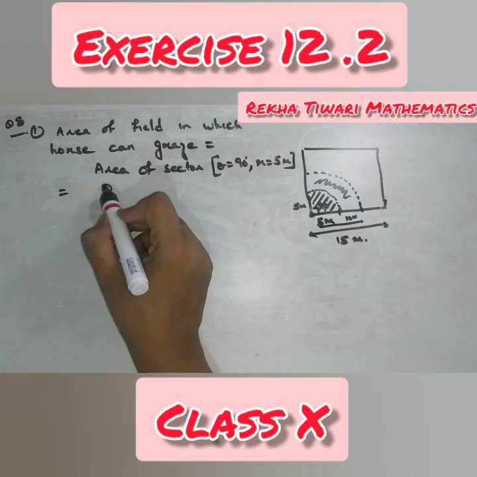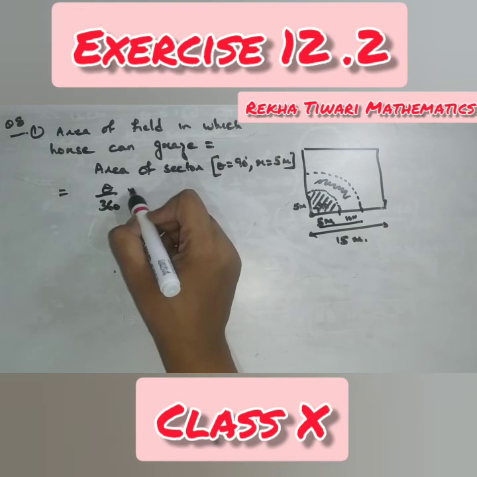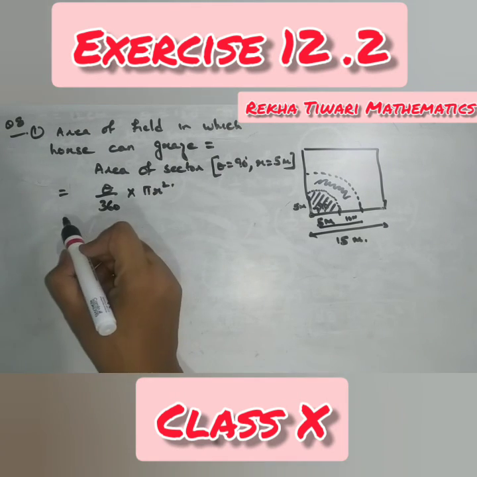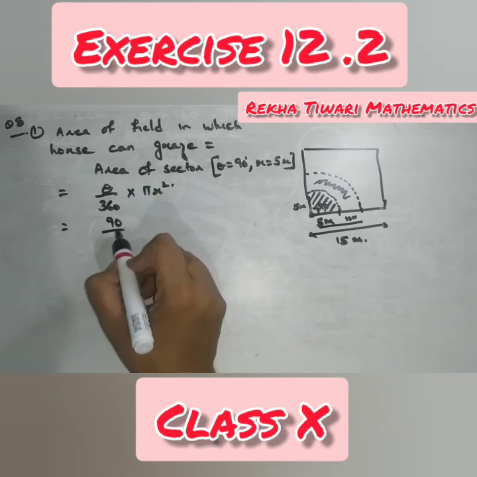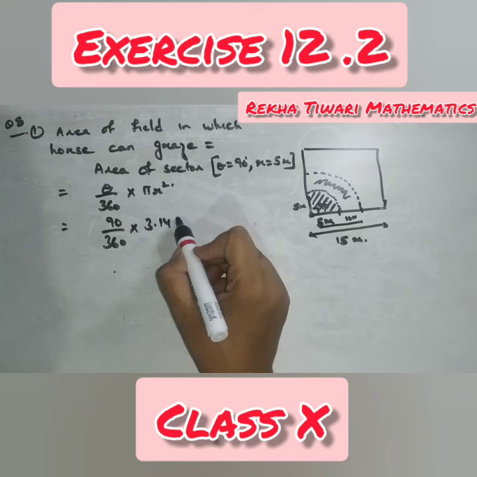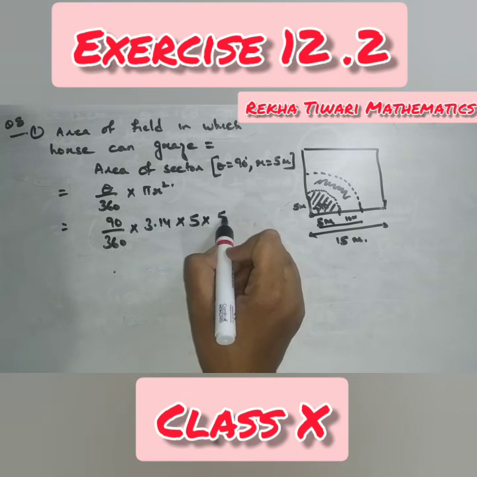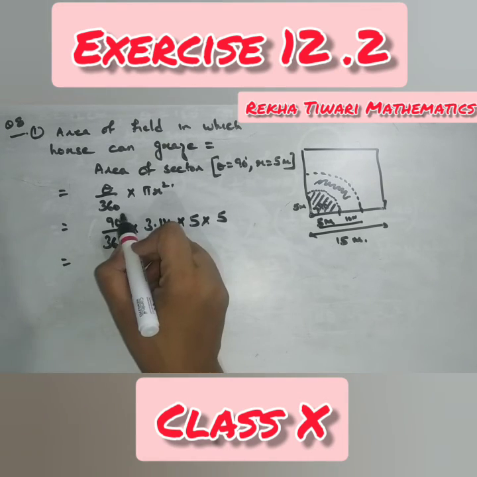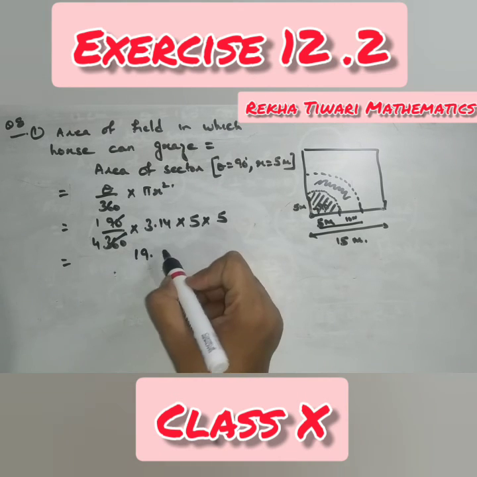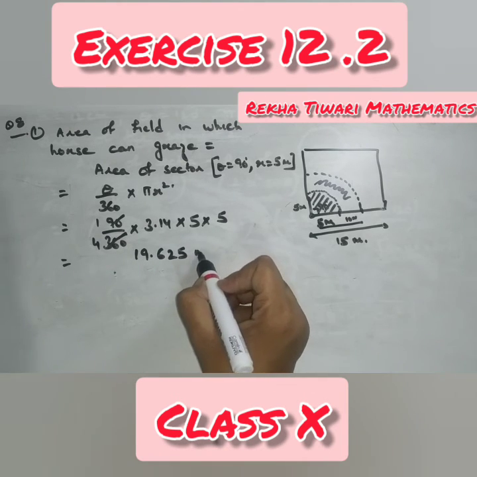Put the formula, theta by 360 into pi r square. Again pi 3.14 given to you. So 90 upon 360 into 3.14 into 5 into 5. Cancel this. And when you multiply these, you will get the answer as 19.625 meters square.